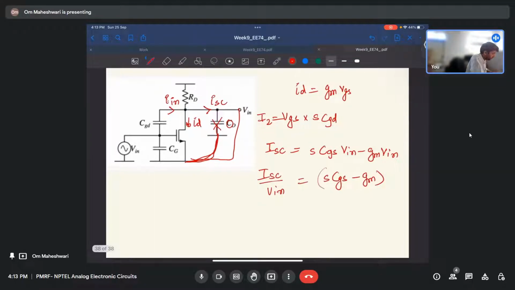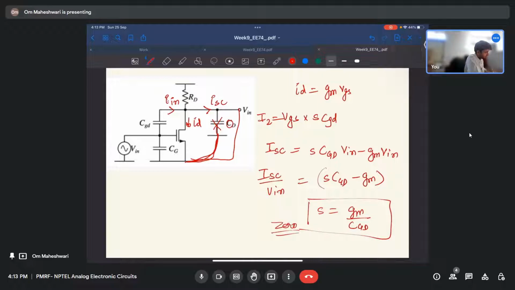We equate it to 0, we will get S equal to GM by CGD. This will be the location of the zero. And we will get the answer as 2666.6 mega radian per second.